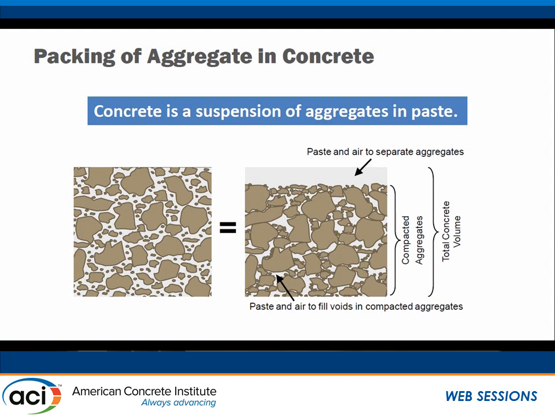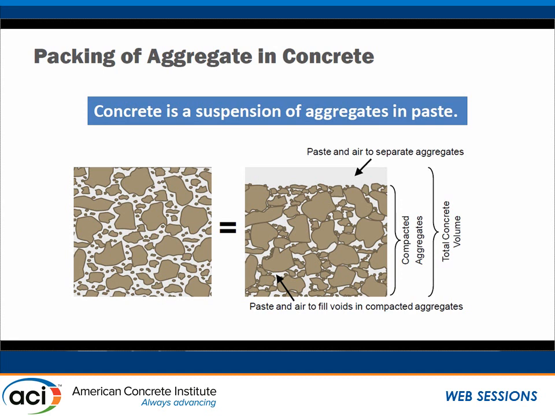But we can also think about packing in the sense that we have packing of just the bulk aggregate itself, which is sort of what you see on the right here, which is useful to know, of course, but it's not exactly how aggregates are in concrete. So those aggregates have to flow past each other. They have to interact with each other.